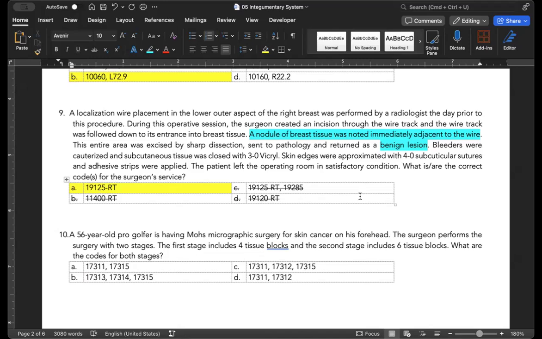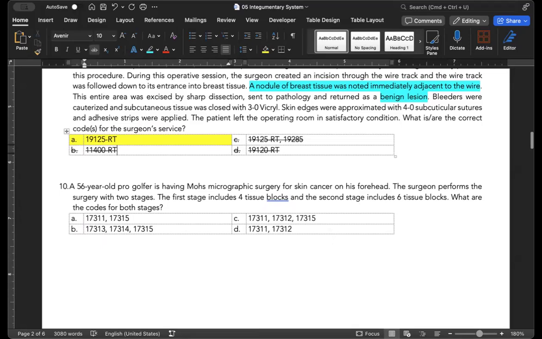Even if they specifically state that it was an intraoperative pathology, then whenever we go to report the actual pathology section, like for the actual pathologists themselves on a separate claim, that's going to indicate whether or not we need to use just a regular pathology code or if it has to be that intraoperative pathology code. But that's not really going to affect our surgeon's claim per se. Yeah, I know. It's not difficult to get it mixed up, so don't feel bad about that.